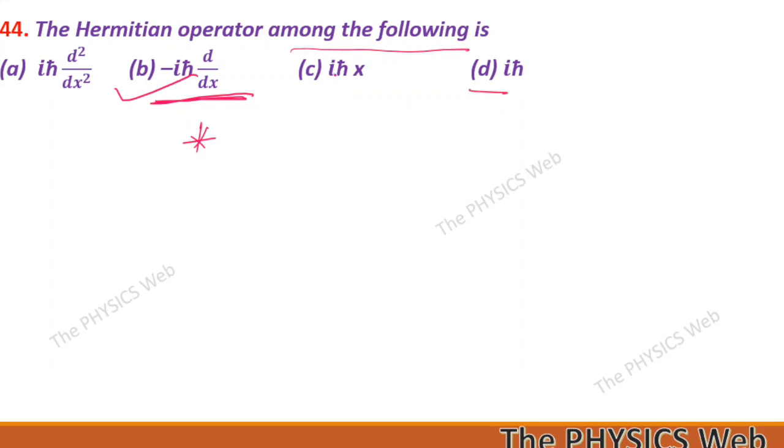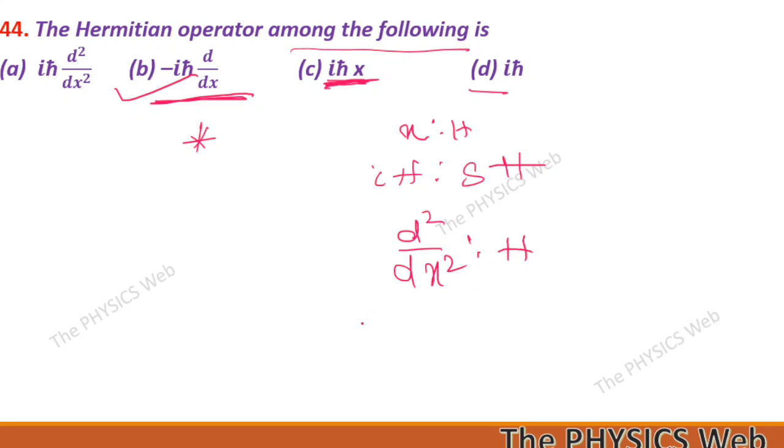This is a constant. This is x. x is a Hermitian operator, but you can see this is multiplied with an imaginary part. So whenever you multiply an imaginary part with a Hermitian operator, that will be skew Hermitian. In option A also, d² by dx² is a Hermitian operator, but again it is multiplied with an imaginary part. So this will be a skew Hermitian operator.